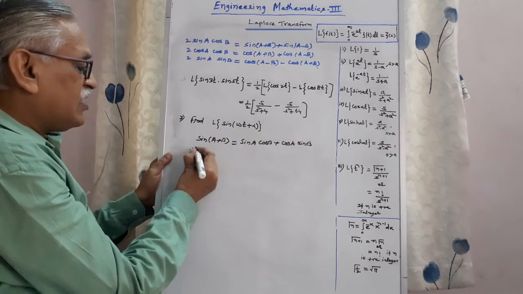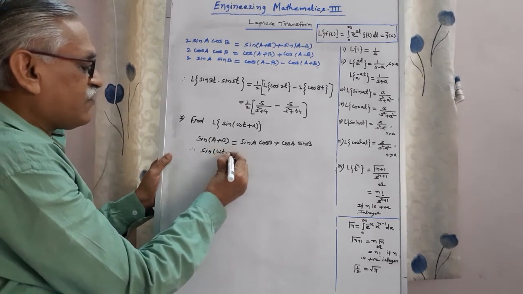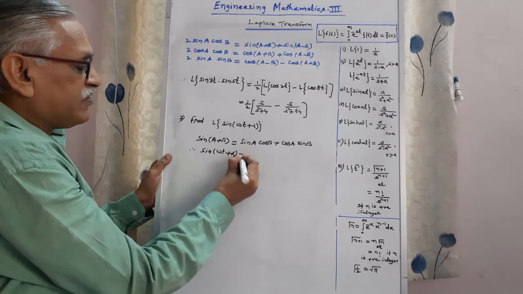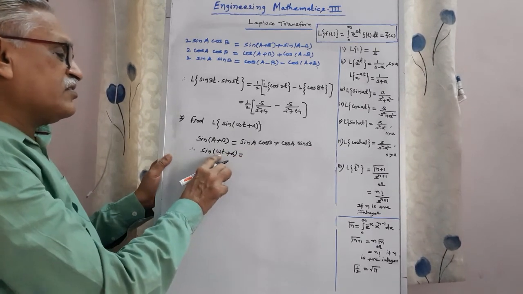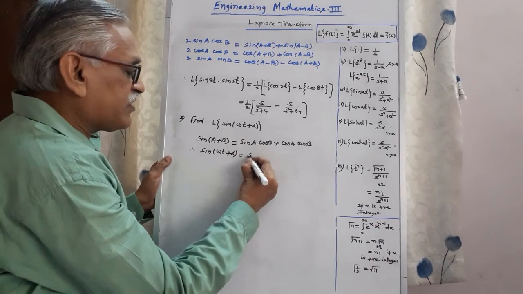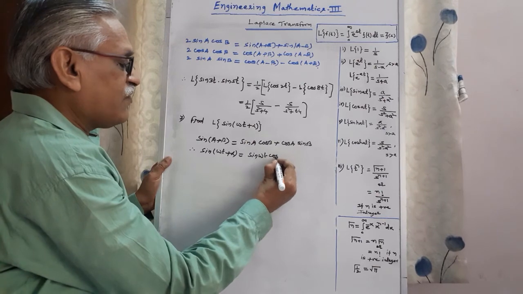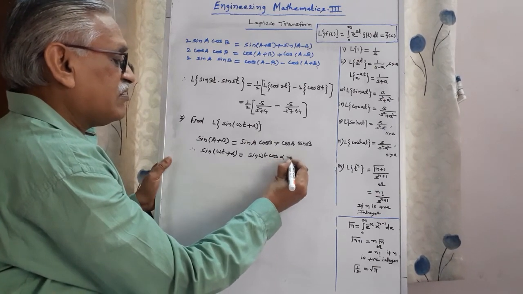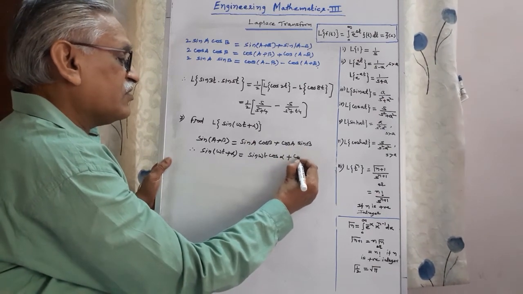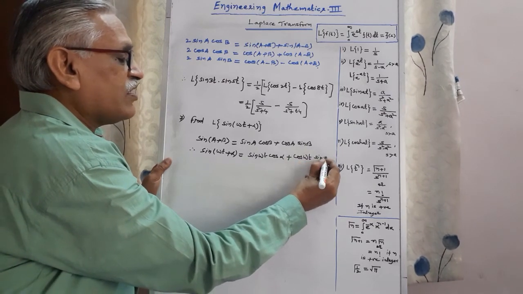Applying this, we get sine of omega t plus alpha, where A is omega t and B is alpha. Therefore, it is sine of omega t into cos of alpha plus cos of omega t into sine of alpha.